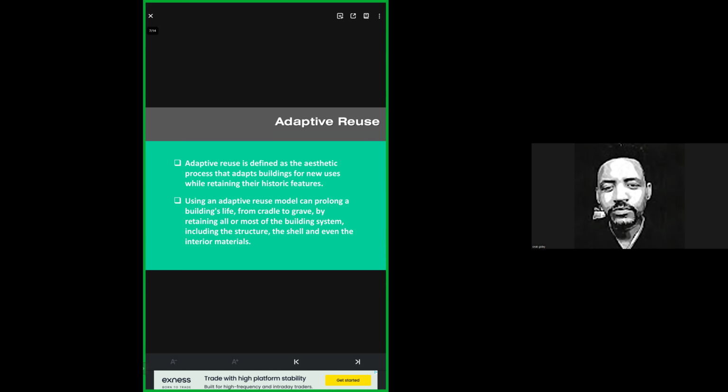For the introduction, I will go with adaptive reuse, its meaning and understandings. Adaptive reuse is defined as an aesthetic process that adapts buildings for new uses while retaining their historical features. Using an adaptive reuse model can prolong a building's life from cradle to grave by retaining all or most of the building system, including the structure, the shell, and even the interior materials.